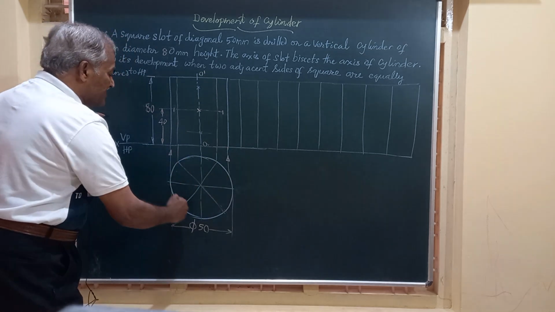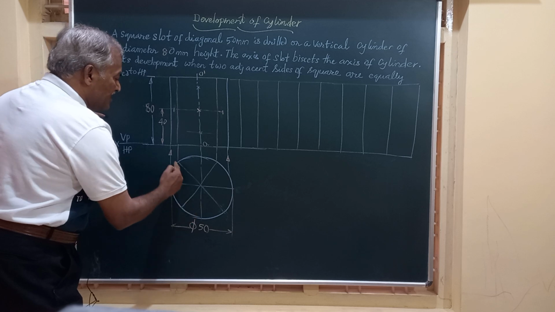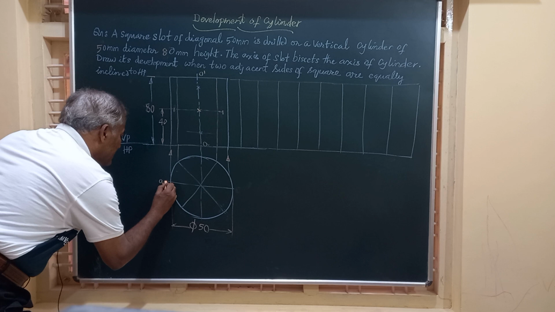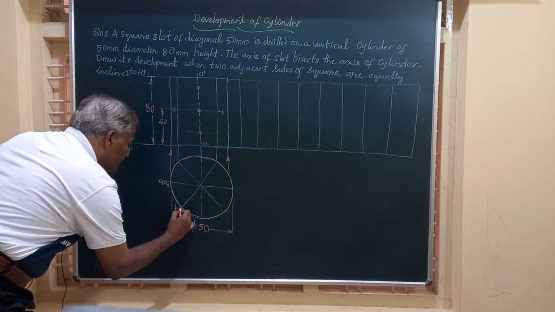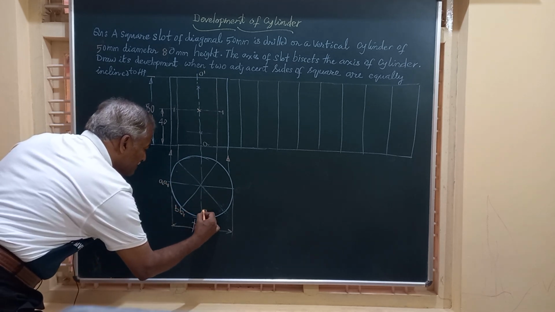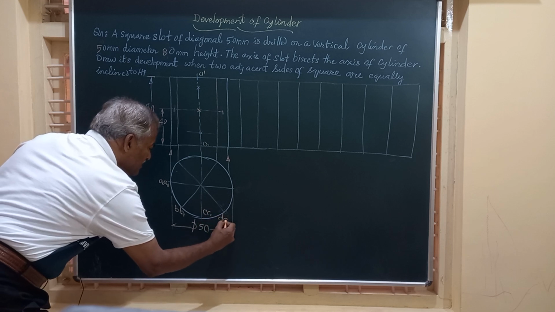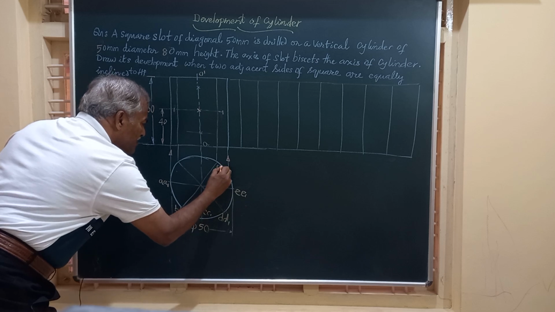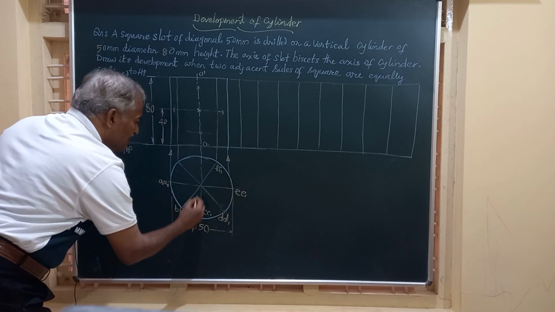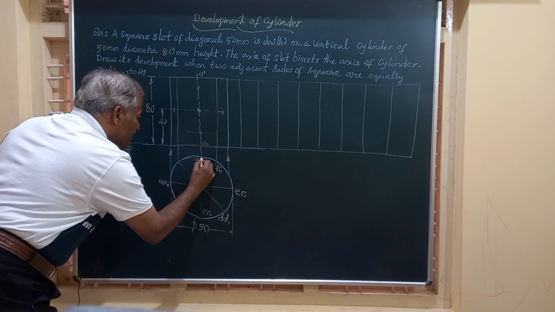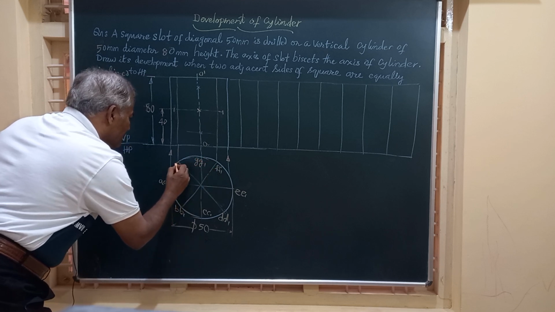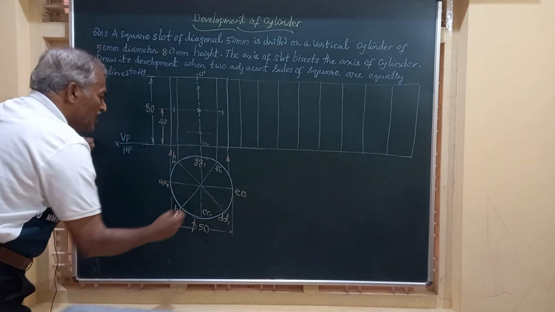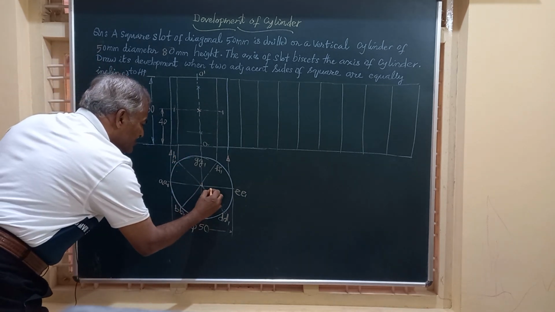And I have divided the circle, the top view of the cylinder, into 8 equal parts, and we will name them AA1, BB1, CC1, DD1, EE1, FF1, GG1, and finally HH1.